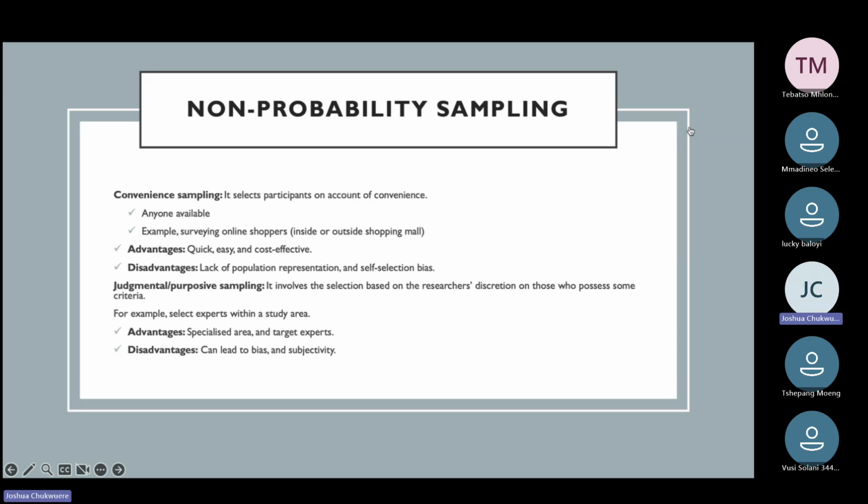So what are we talking about here? You use your personal wisdom, personal discretion to determine people who will be involved. So in this case, this can be an expert in the area. Okay, I'm looking at using generative AI, right?